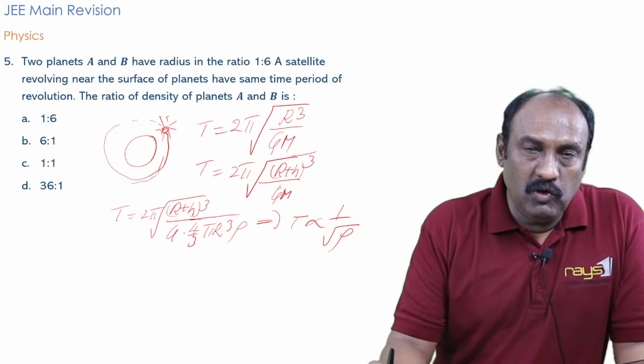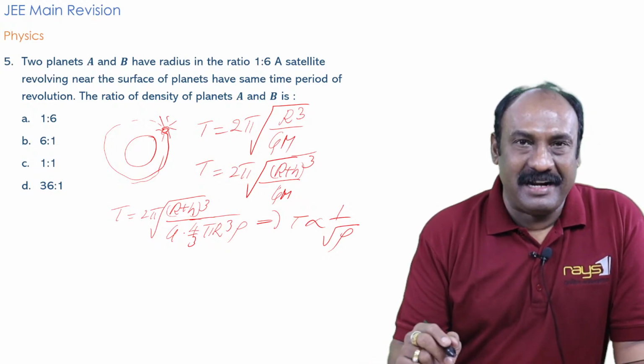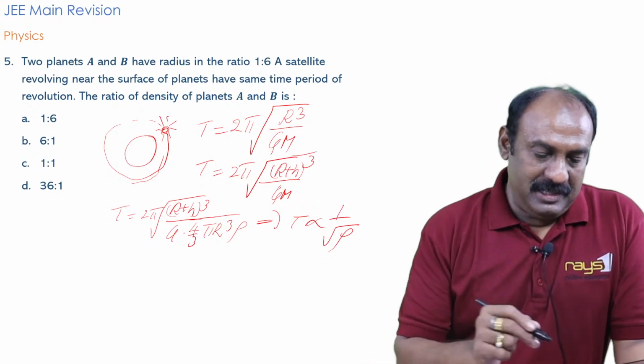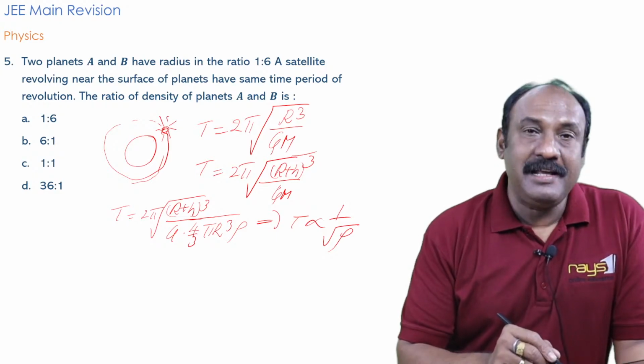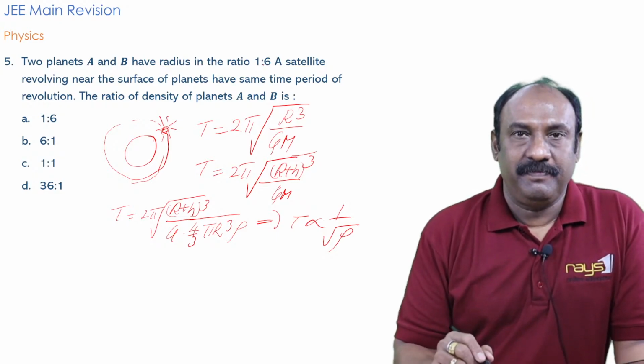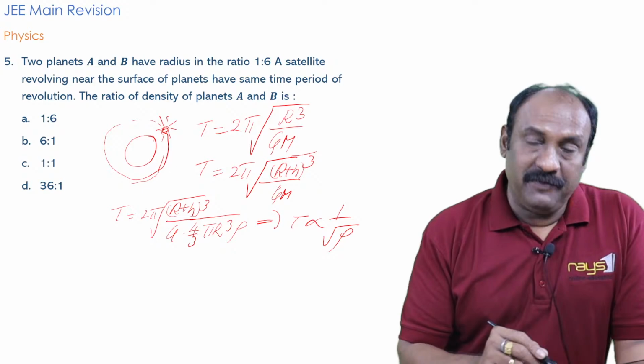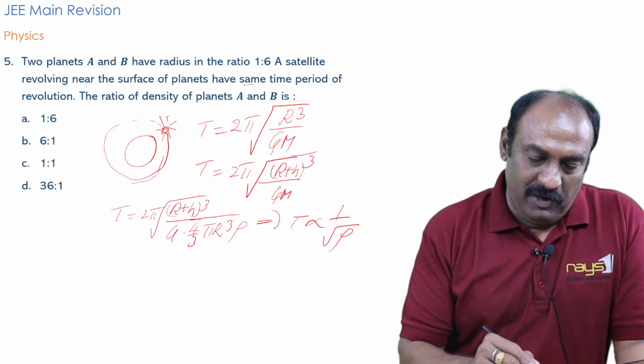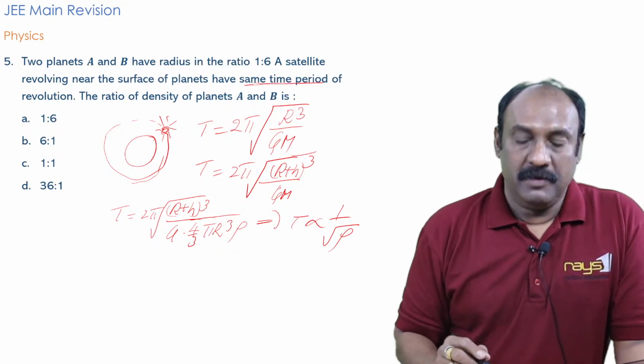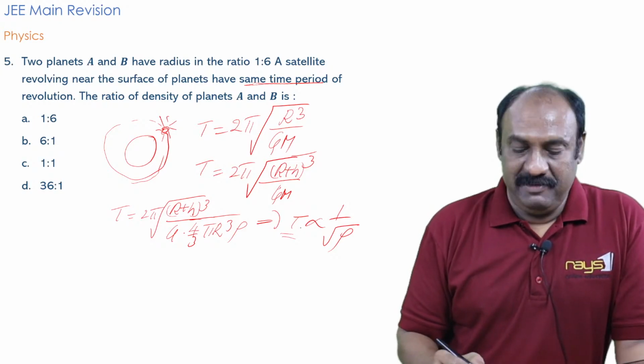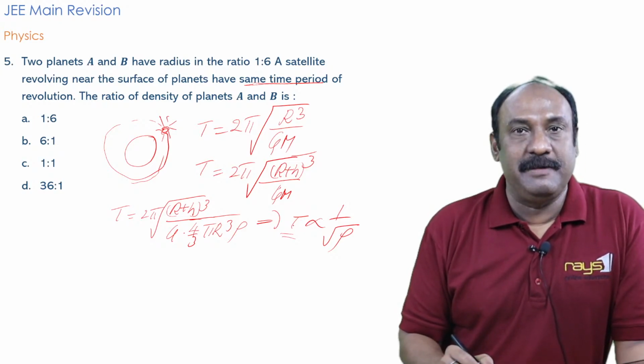Around two planets, two satellites are revolving in two different radii in the ratio 1:6. But according to the given data, both satellites revolve with the same time period, so T is the same.